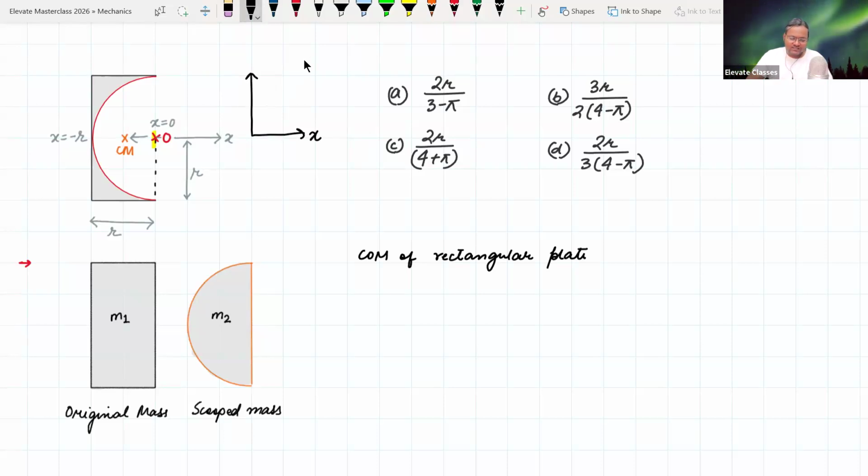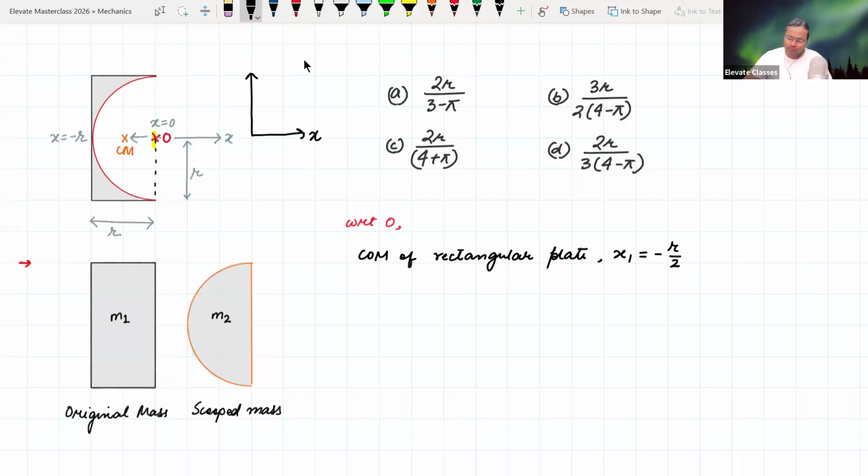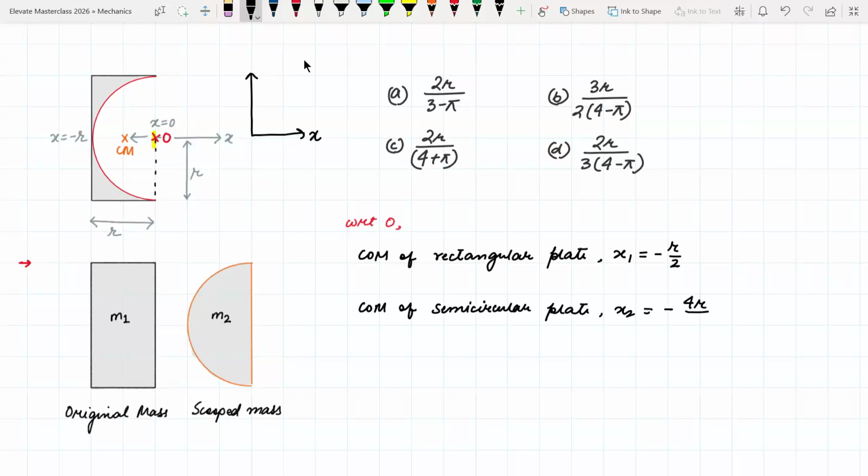So if we consider that this is the center O, with respect to O, what is the center of mass of the rectangular plate? Tell me. It is equal to minus r/2 here, because we are doing it with respect to O. And the center of mass of the semicircular plate is equal to minus 4r upon 3 pi.